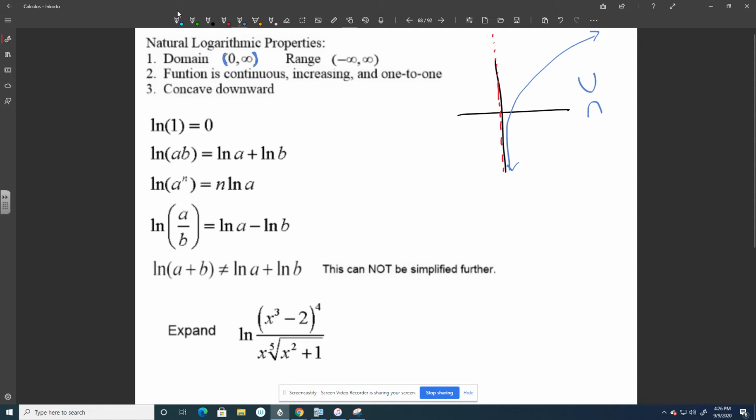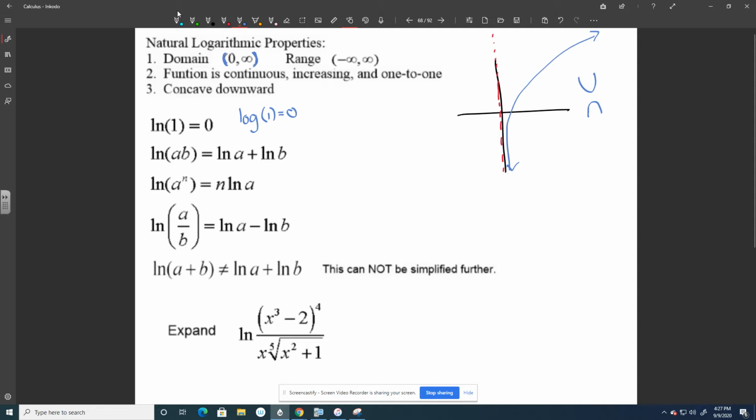are these. The natural logarithm of 1 is equal to 0. That carries over because the log of 1, it doesn't matter what the base is, is equal to 0.